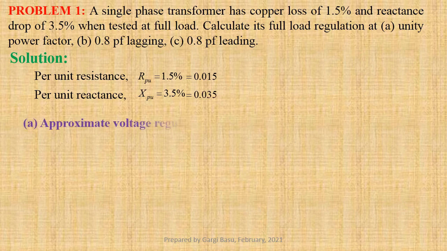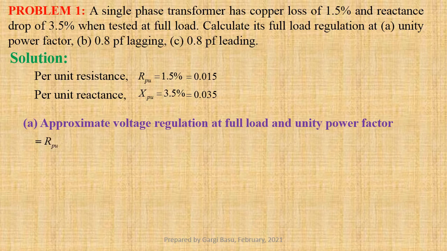Approximate voltage regulation at full load and unity power factor equals R per unit, that is 1.5%. When power factor cos phi 2 equals 0.8, sin phi 2 equals 0.6.